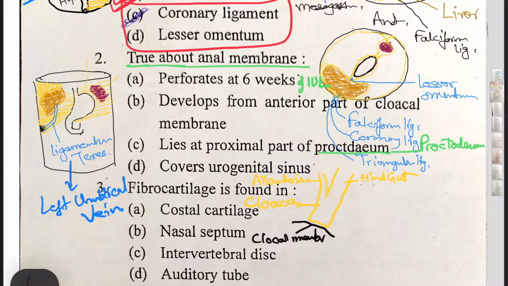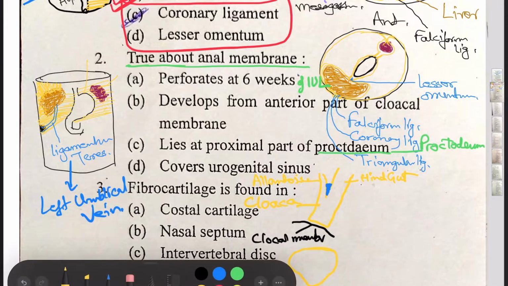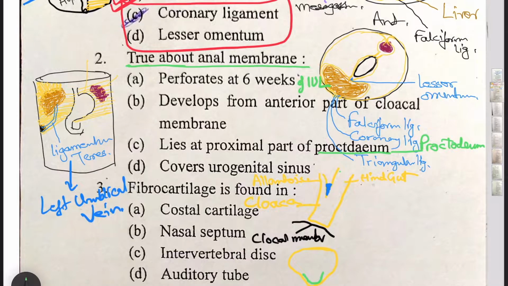Now see, what happens is later on a mesodermal tissue starts collecting here in between the allantois and the distal portion of the hindgut, which keeps settling down and compresses this cloaca from either side. Let me draw a cross section here. Let's see, when you see this cloacal membrane from the under surface, you will find it like this, right? This is cloacal membrane. And let's use this green color for the posterior portion.